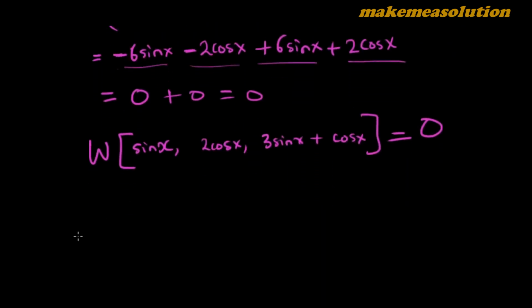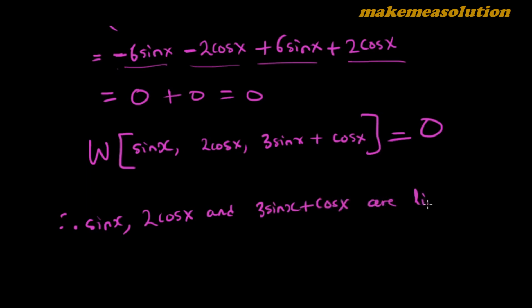So since we have determined that the Wronskian is equal to 0, therefore sine x, 2 cos x, and 3 sine x plus cos x are linearly dependent.